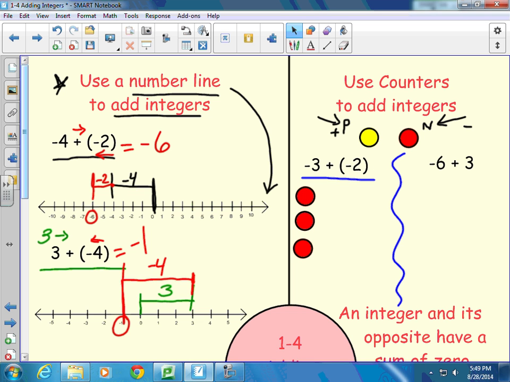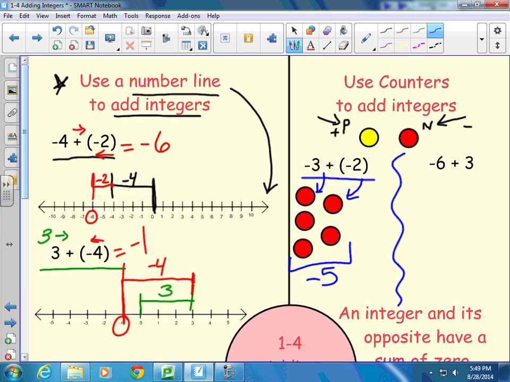I owe someone $3. Then I'm going to add, I borrowed 2 more dollars from someone, so I know I owe them 2 more. So now at the end of that I have my -3 and my -2, I see that I have a total of -5. So when I add -3 and -2, I end up with a -5. Not so bad.